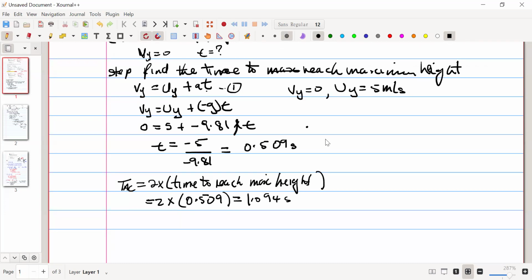So yeah, we get 0.5096, double it, and we get 1.0192. There's supposed to be a 1 right here. Yeah, I think that was the error there. Right, so that is correct now.